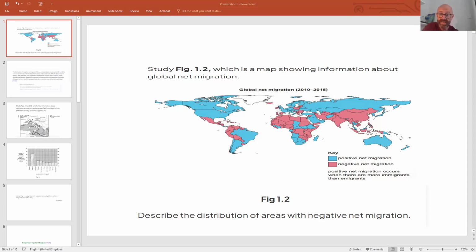I can see Spain, I can see Ireland, I can even see Iceland up here. Might not know all of these, but mention them where you can. You should definitely be able to mention China and India. You should definitely be able to mention North Africa, Southern Africa. So Mexico, you should be able to identify. And in South America, the continent, this is Venezuela. It's in the news a lot.